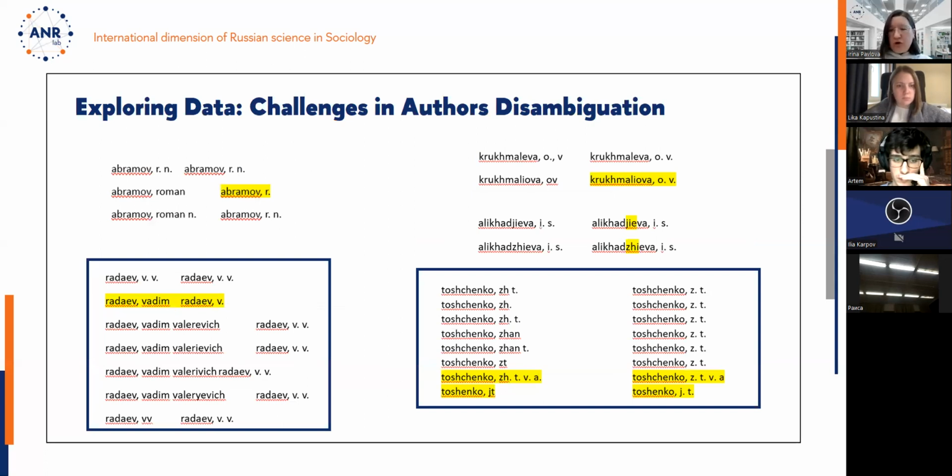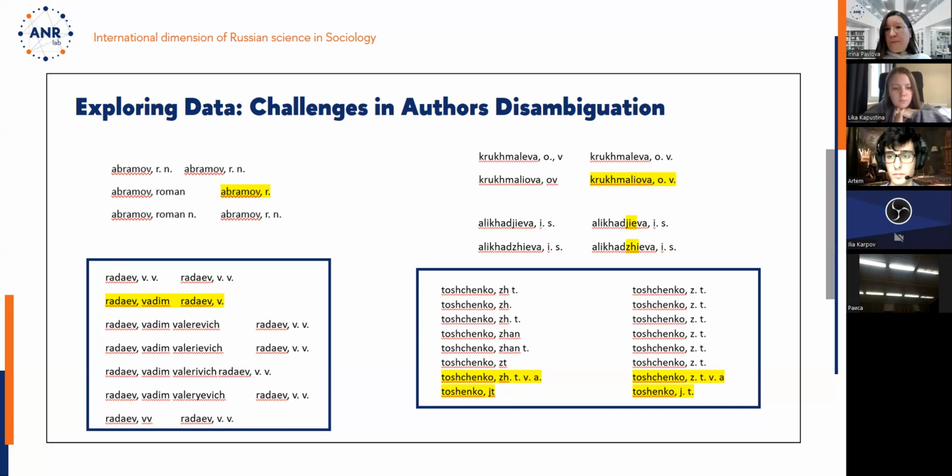When we work with pre-processing, Lika is going to discuss that in detail, but since 85% of the publications are in Russian, we face the problem of author disambiguation, and this is quite problematic. There are different options of writing the names, English pattern, French pattern, and there are some complicated sounds and letters in the Russian language. There are numerous ways for authors' names to be written, including the problems with patronymic names. There are also some systematic mistakes, like misspelling of the names.